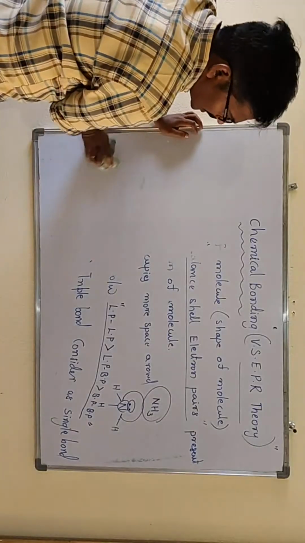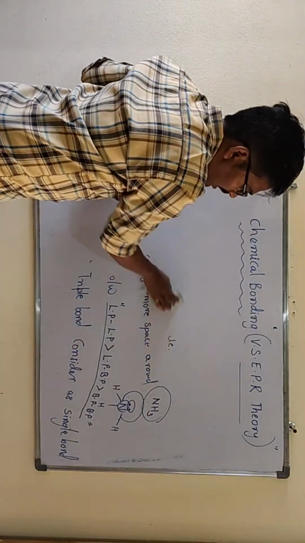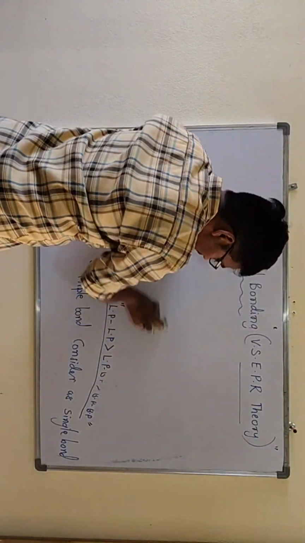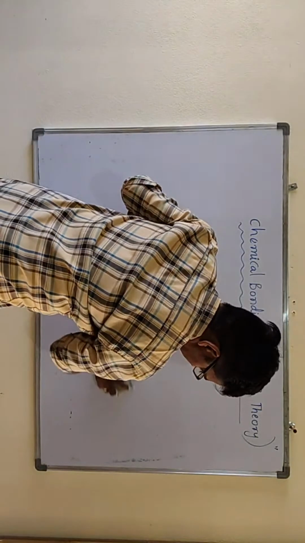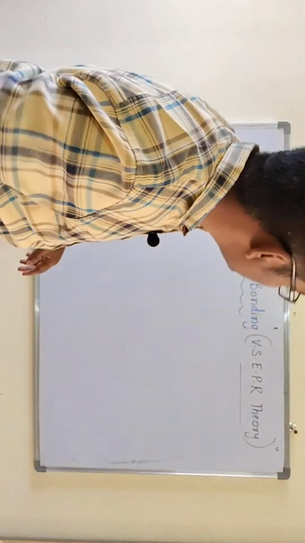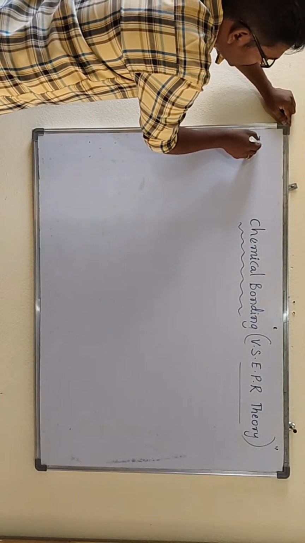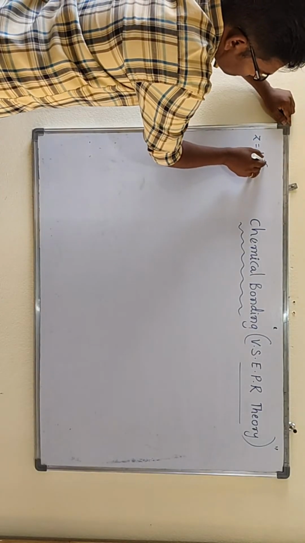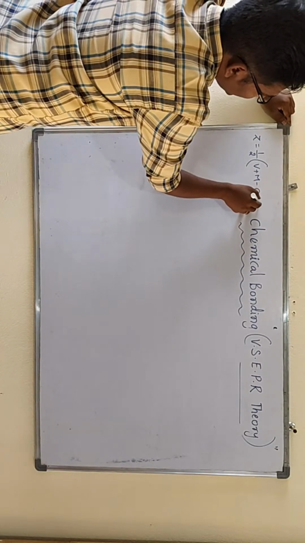In the previous class, we discussed how to find out the hybridization. Anybody can say what is the formula to find out the hybridization? The formula is steric number equals 1/2 into (V plus M minus C plus A).